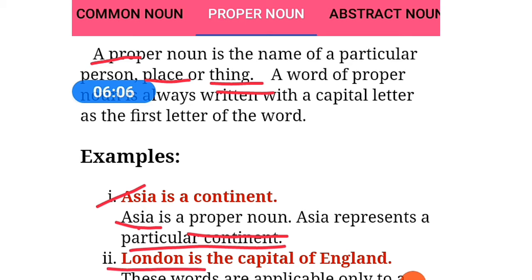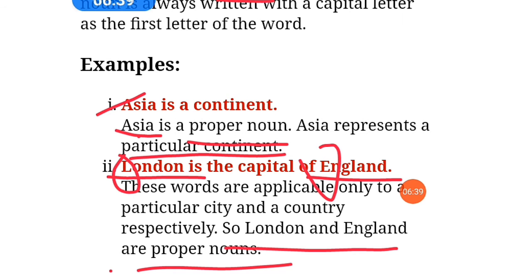Here London is a proper noun, England is a proper noun, because the first letters of London and England are in capital. These words are applicable only to a particular city and a country respectively, so London and England are proper nouns, as they are the names of the city and the country. Now this is all about the proper noun. It is simply a proper name of a person or place or thing.